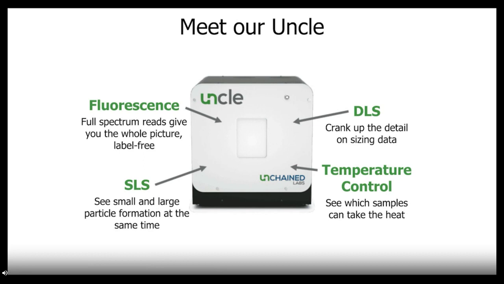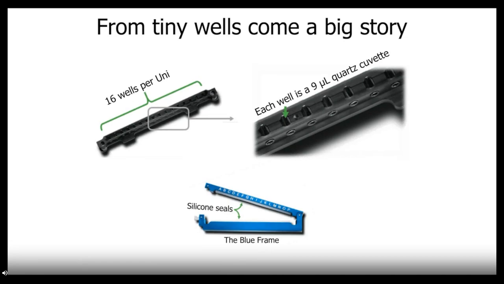Dynamic light scattering, or DLS, is Uncle's third detection method and is a highly sensitive technique to give you details about your protein's size and size distribution. So besides gathering size data, DLS is powerful for understanding what's in your sample, and it can be used to quality check proteins either independently or before you start a thermal stability experiment.